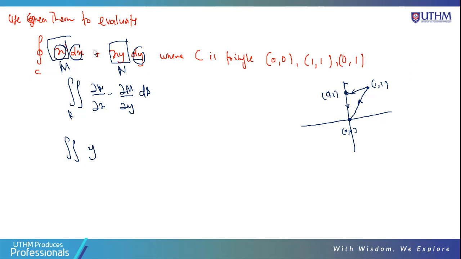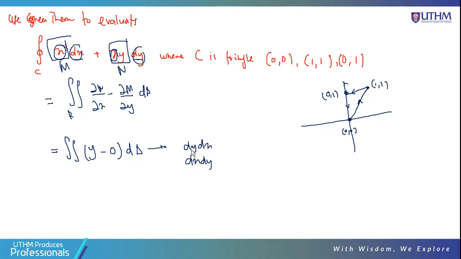This one has x, so the partial with respect to x gives 1, leaving y. So you now have the correct double integral over the region, similar to the previous topic, where dA can be dy dx or dx dy.